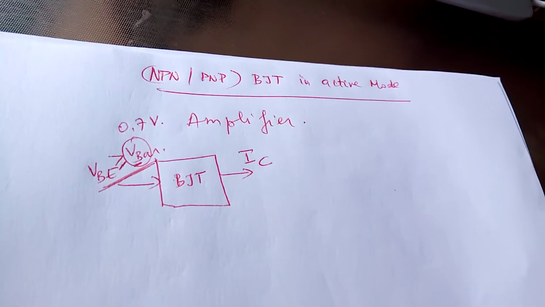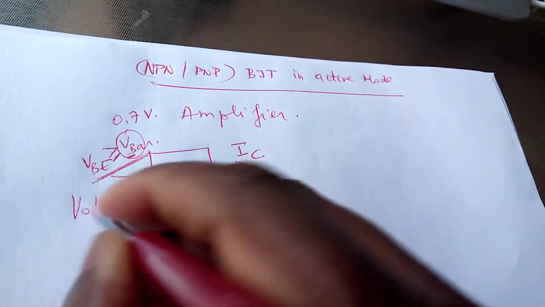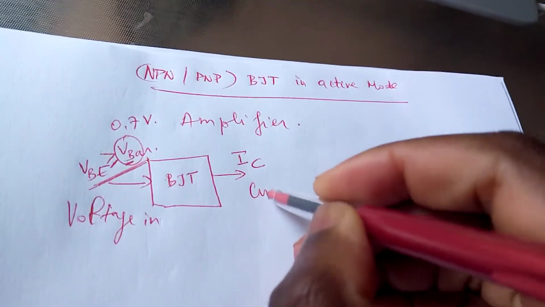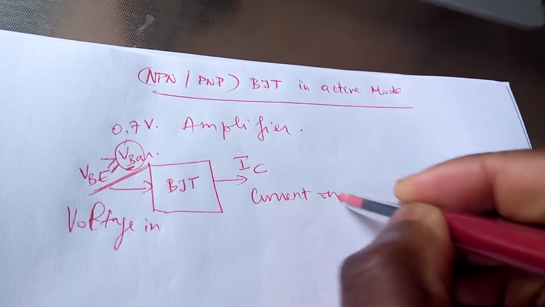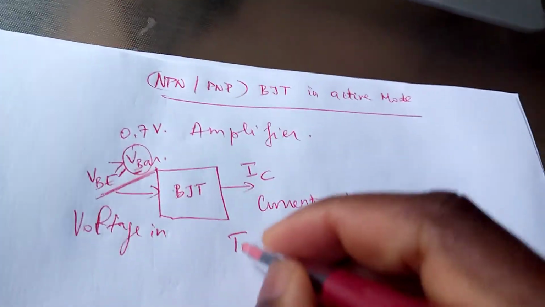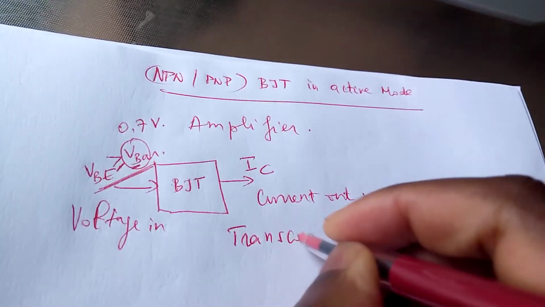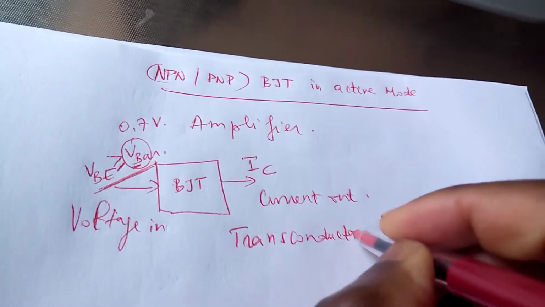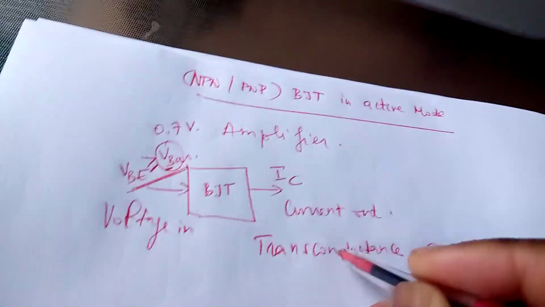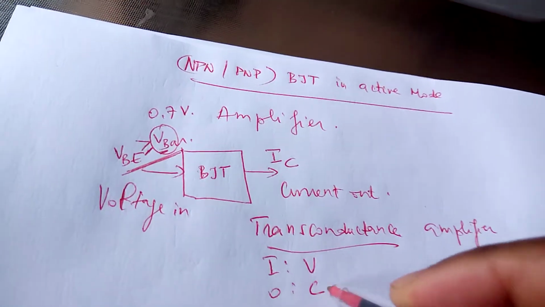So a transistor is the type of system to which you apply voltage on the input, voltage in, and you get current out. The output being a current and the input being a voltage, a transistor operated in active mode is naturally a transconductance amplifier. Transconductance comes from the fact that the input is voltage, the output is current.